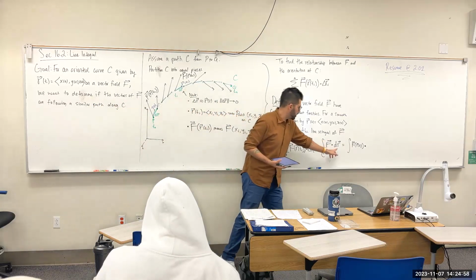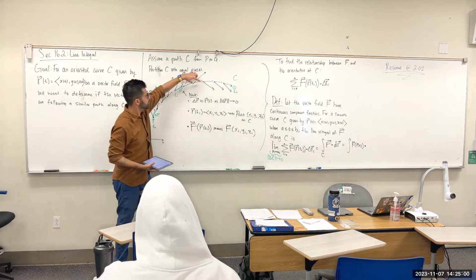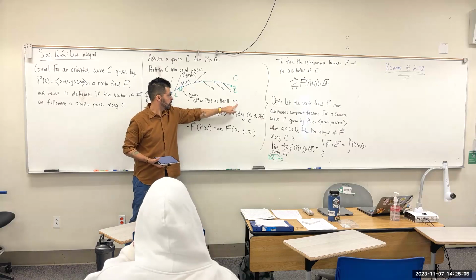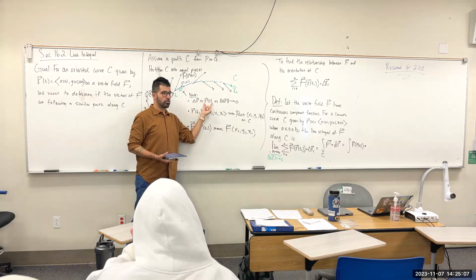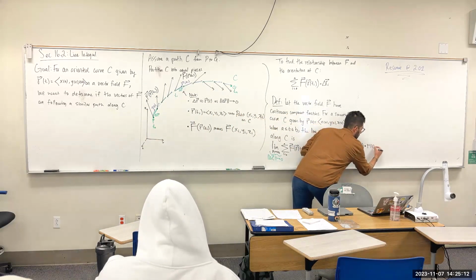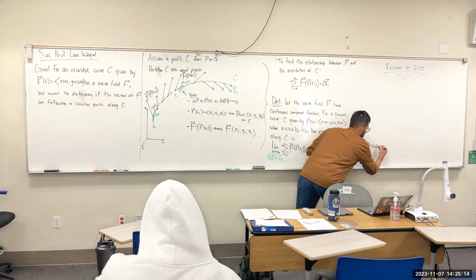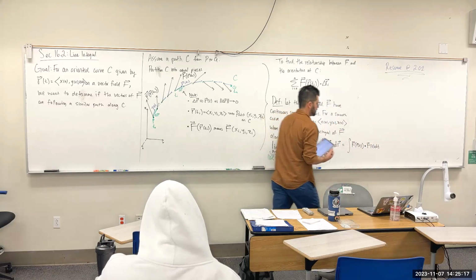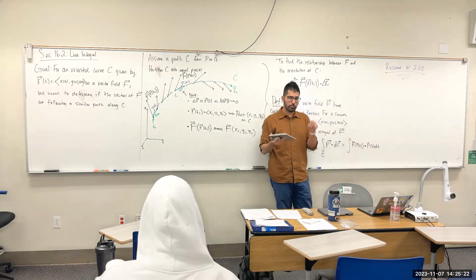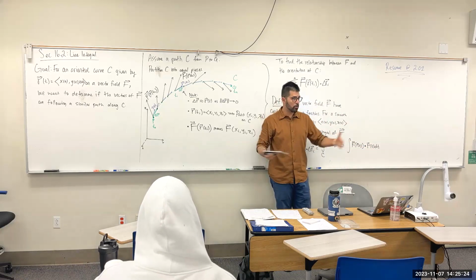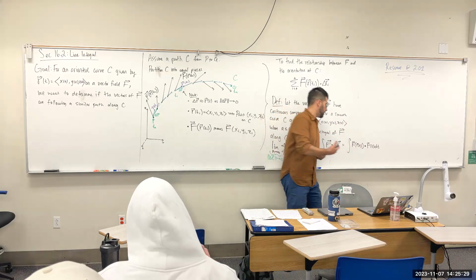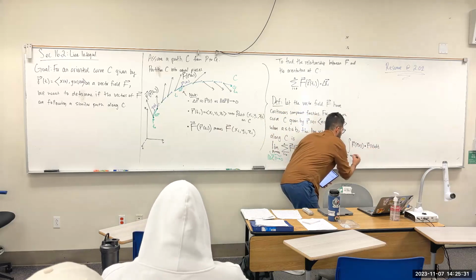And then these dr vectors, which are the displacement vectors, as these displacement vectors start to approach 0, they start to approach r prime. So then we're going to dot them with r prime dt. This is a vector, this is a vector. What happens when you dot product two vectors? You get a scalar function, which is a calculus 1 function. And the t here is going to range from a to b.